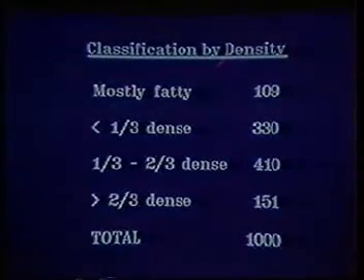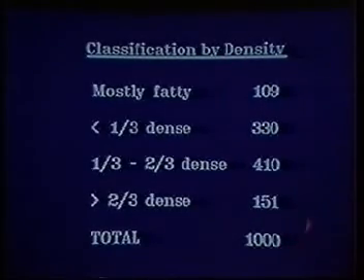If you can move that slide up, you'll see that when we classified our patients by density, they fell into fairly even categories. The bulk of the patients were in the mid-density range, but just a little less than half of them were in the first two categories, and a little bit more than half of them were in the denser categories.